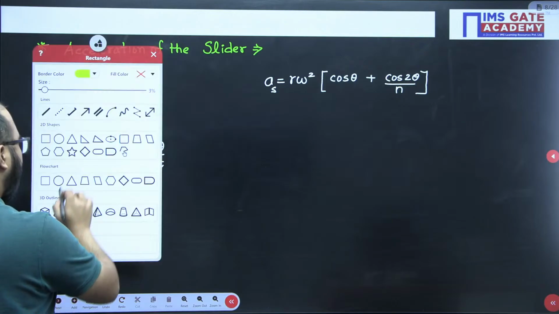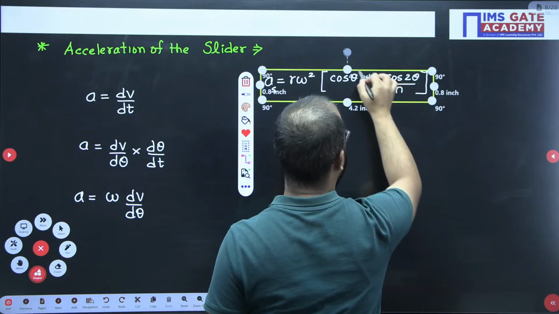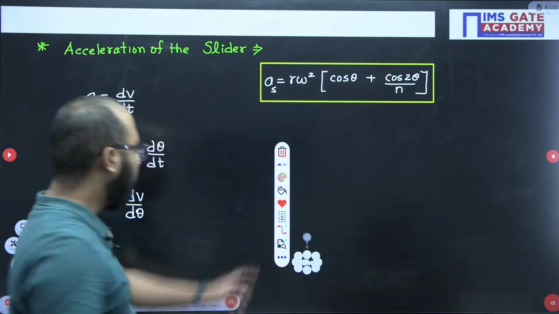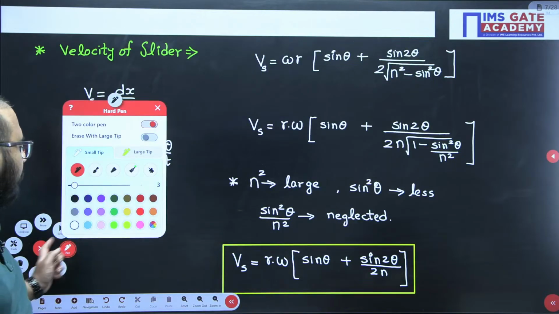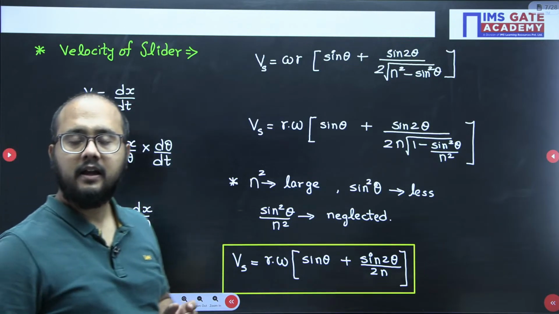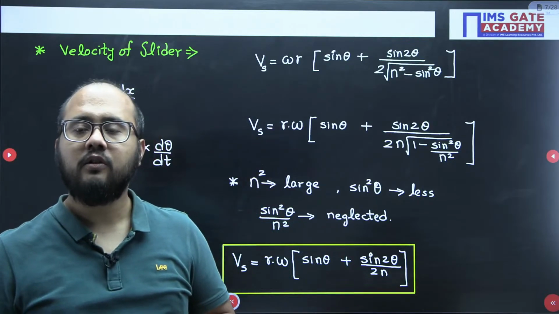Now, two important points that we need to remember regarding the velocity and acceleration of slider. If I ask you at where the velocity of slider will be 0, what would be your answer? At which location velocity of slider is 0? Dead centers.